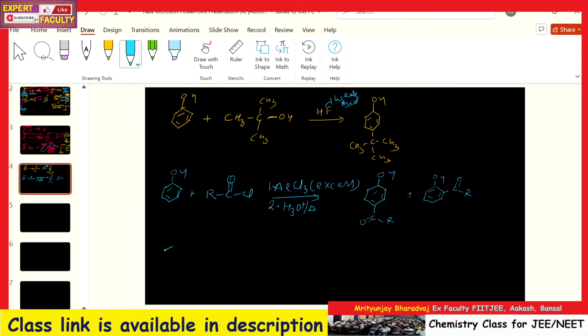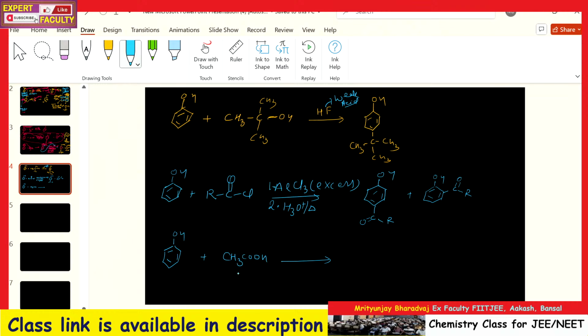Okay, another reaction. If we don't want to take excess AlCl3, we don't want to perform the reaction in this way, we have another method.